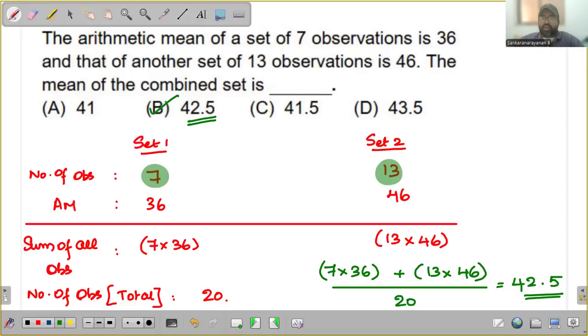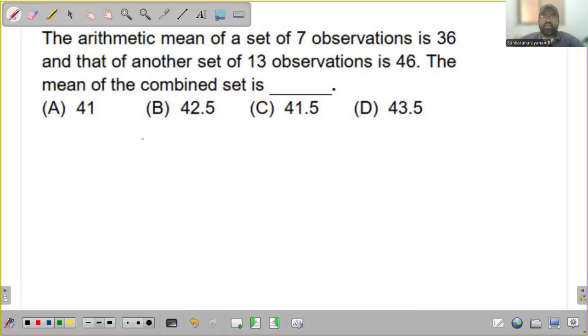Now, the general formula for these types of questions. There is a group 1 with N1 observations, let the average be A1. There is another group 2 with N2 observations, let the average be A2.